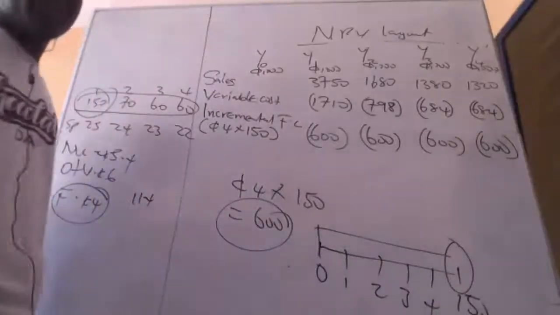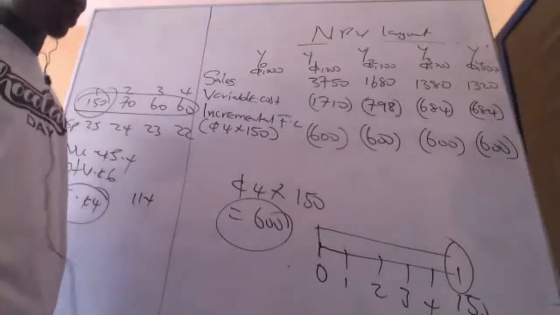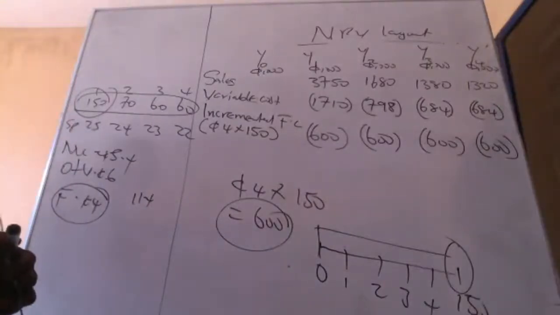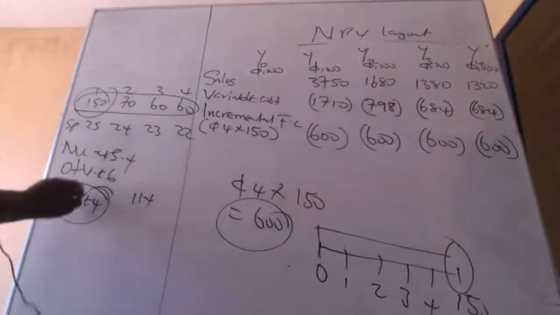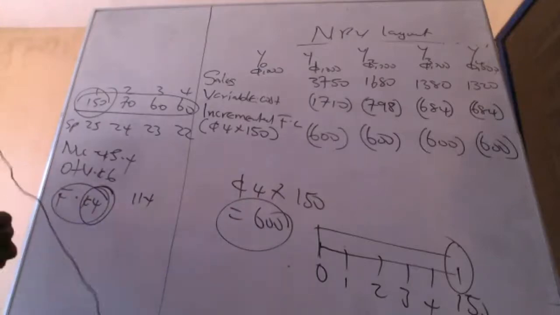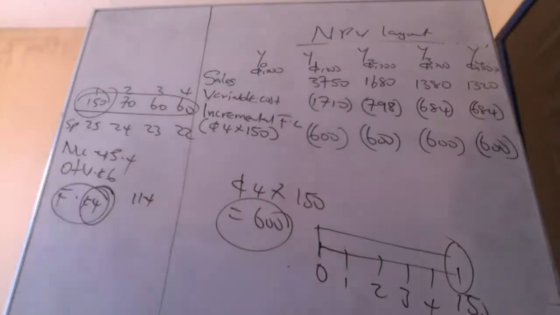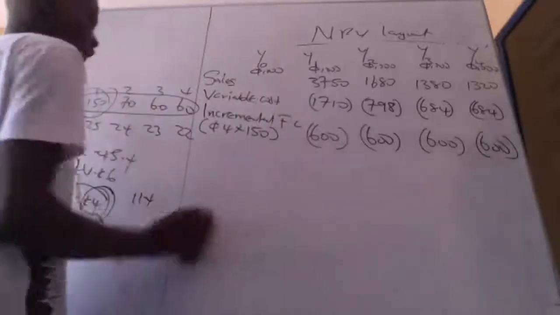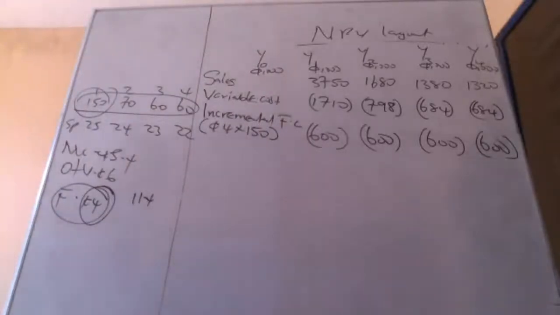Why? Because they say fixed cost, they didn't say variable cost. So the confusing part is that they say fixed cost per unit for year 1, and once it's fixed, it's going to be the same throughout. So take note, this was the troublesome part of the question.